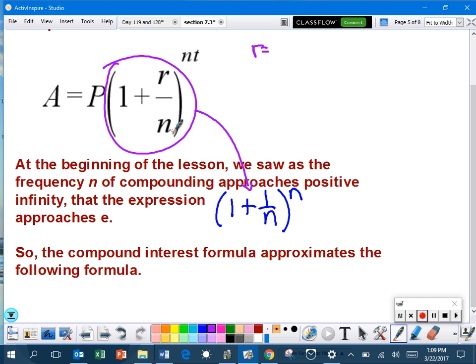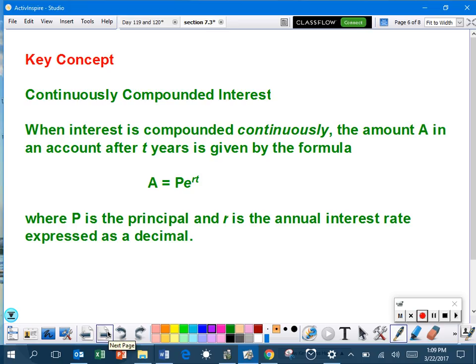All right, so what's so special about that? Well, this is what I was mentioning earlier. Okay, we've got what's called continuously compounded interest. When interest is compounded continuously, the amount A in an account after T years is given by this formula. And we call this formula PERT. A equals P times E to the RT power.